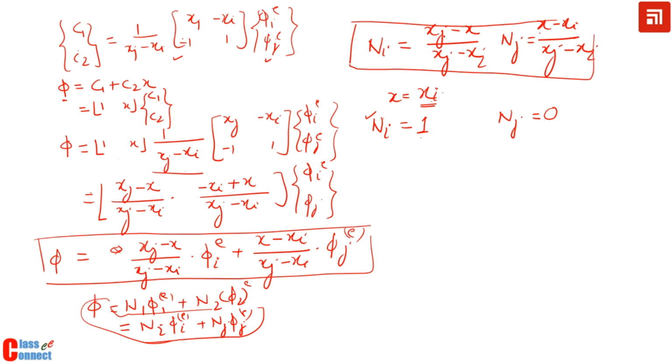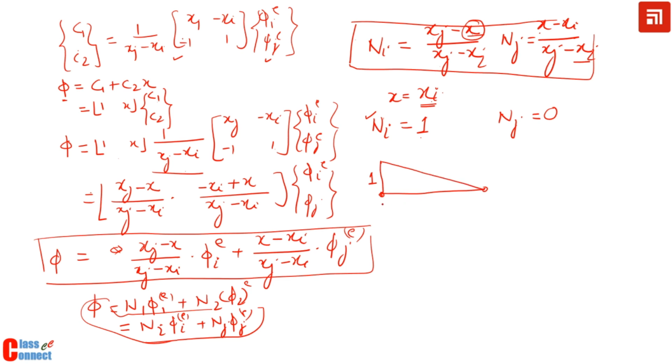These shape functions are dependent on x. So this will vary as x varies, and this will also vary as x varies. If I draw this variation on this 1D element, two-noded 1D element, and this value, let us say, is 1, this is the variation of shape function ni.